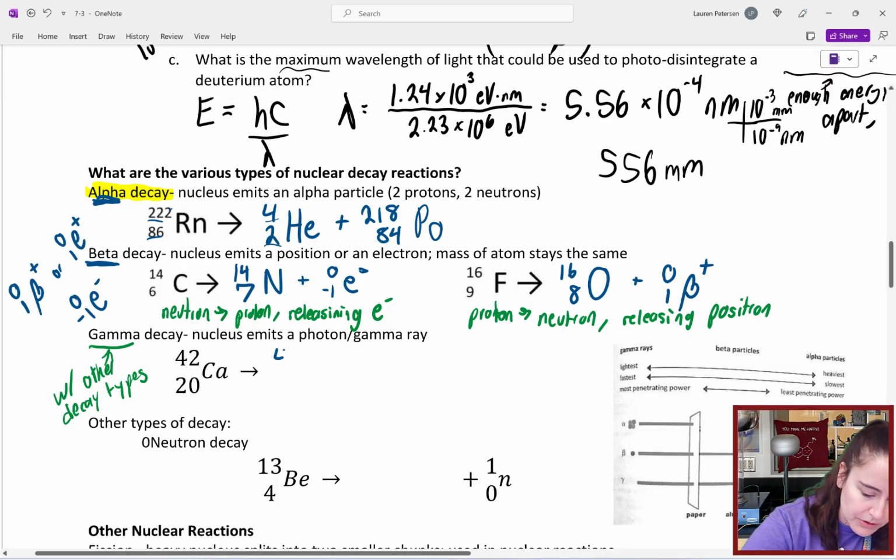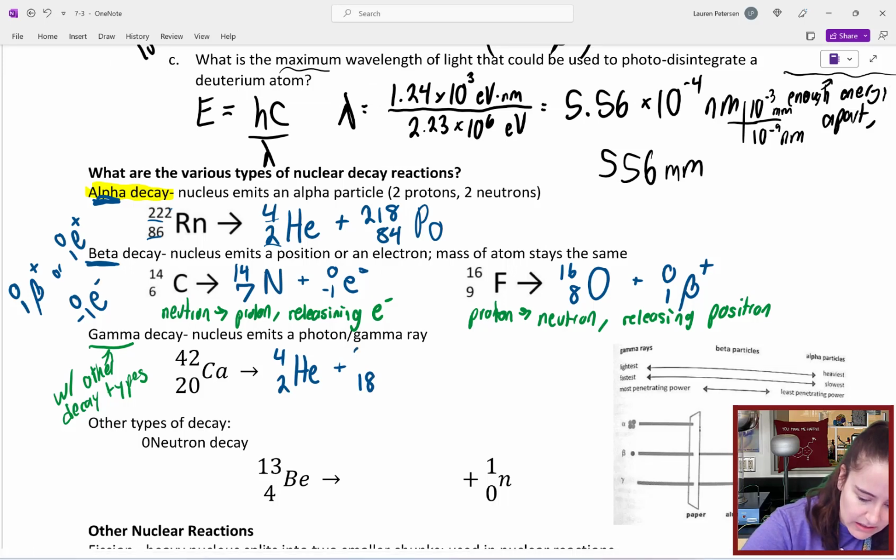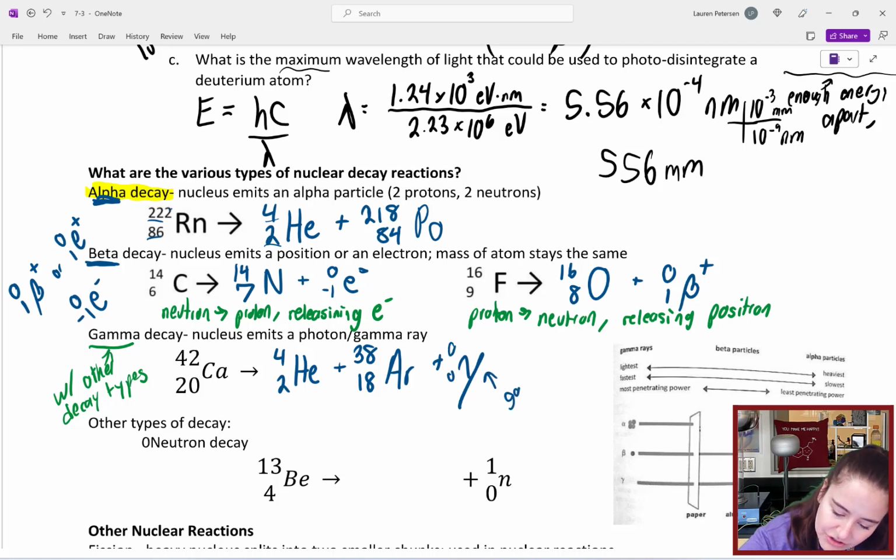So it does produce the alpha particle and leave behind the 18,38 argon. And then you'll just see it like this. It doesn't really have any mass, but that is just a gamma ray. And it doesn't even necessarily have to be a gamma ray. Really, it's just a photon. Okay. It is the energy that is released.